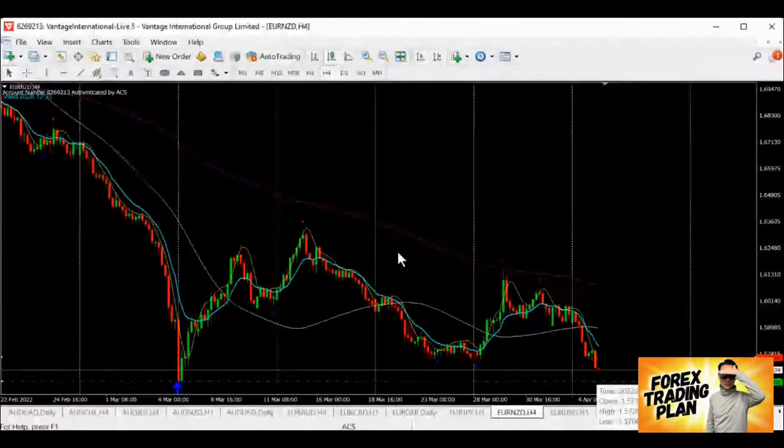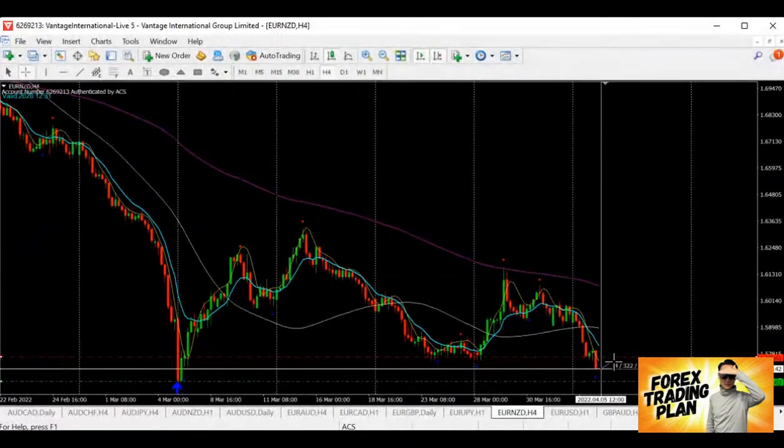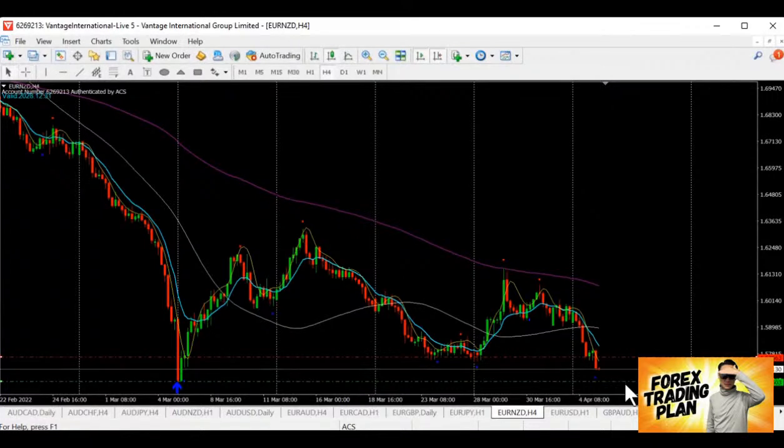So right here, we are in the middle. It's going up about 50 over pips, coming down 60 over pips. We're right in the middle, so what can we do? It doesn't seem right, huh?